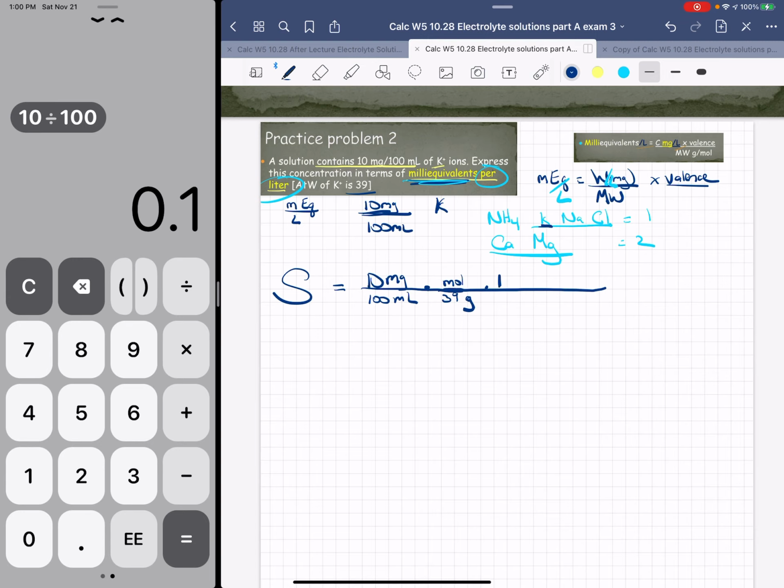And now I need to get my units to be correct here. I know that I am looking for milliequivalents per liter, and I see milliliters here. I've got to get rid of those milliliters and make that per liter. So that is going to be 1,000 milliliters per liter.